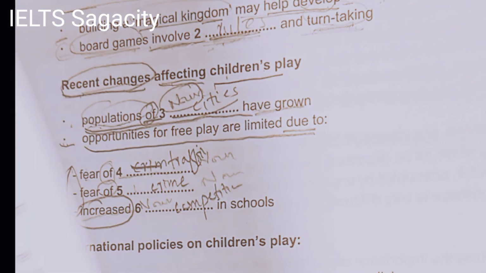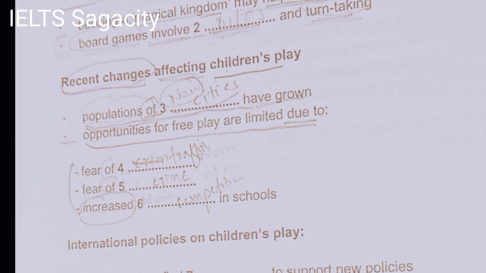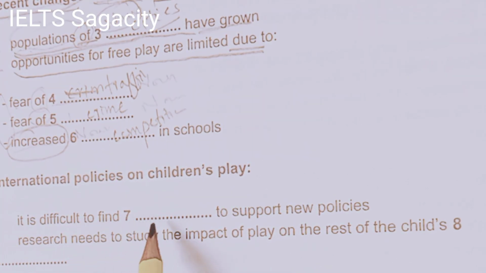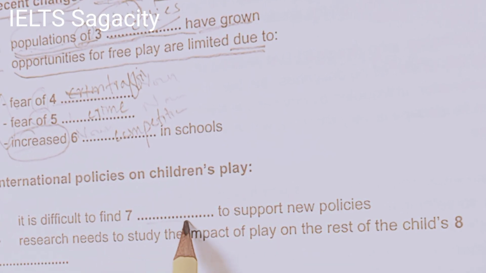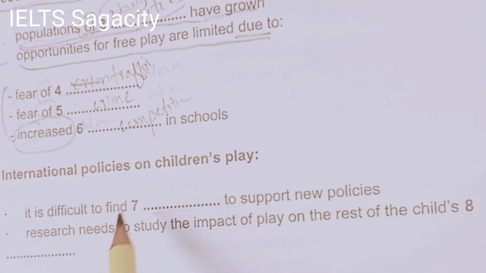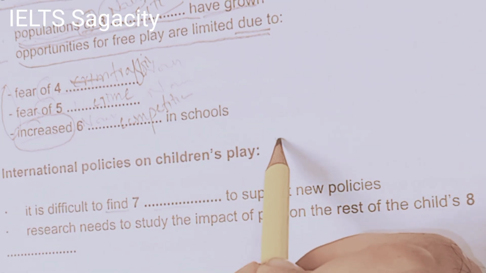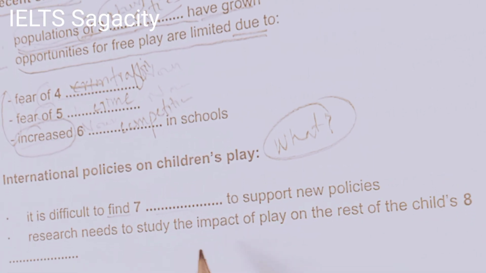All right, and then we get another gap filling question. It is difficult to find dash to support new policies. Grammatically, we know that verb, if it can be answered, for this question we have a direct object.